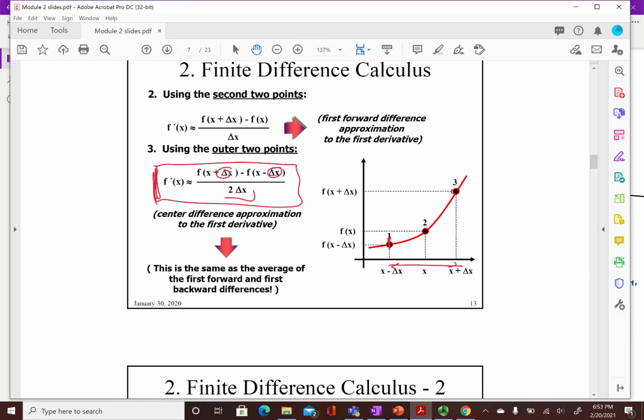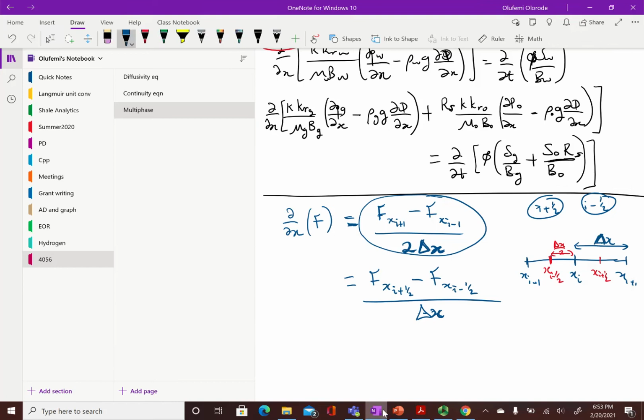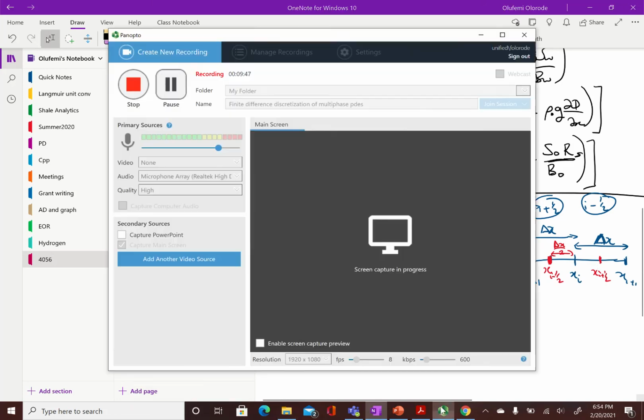We're using points 1 and 3. That's the first version. It's spaced out by 2 delta x because i plus 1 is delta x away and i minus 1 is another delta x, so 2 delta x is what you divide by. But when you choose to use i minus half and i plus half, you will be dividing by delta x, and that's the second form of the equation. Is that clear? Good. I think I'm going to have to stop here, then record another video to continue from there.